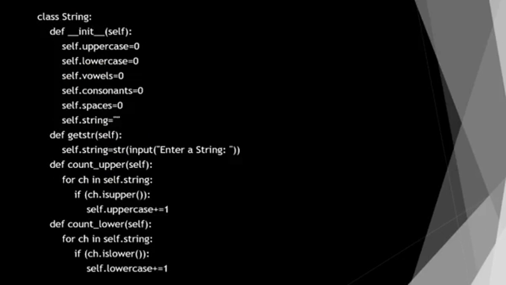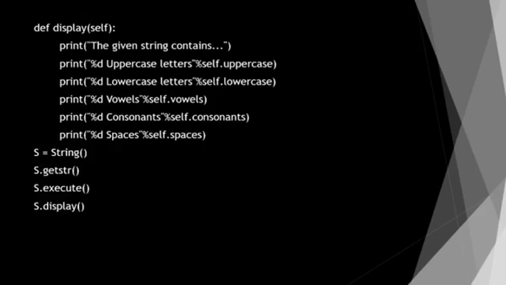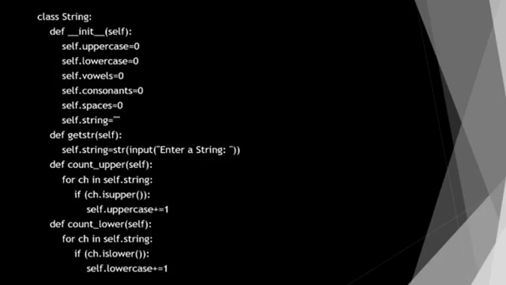Totally how many functions are there? One, two, three, four, five, six, seven, eight, and nine with display. So there are 9 member functions in this class.